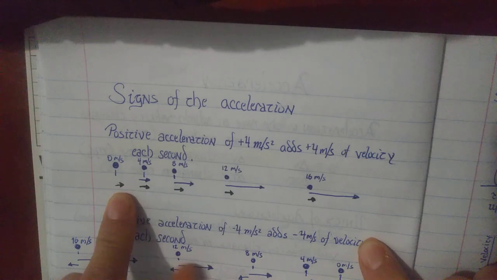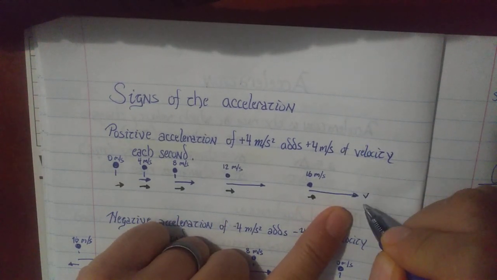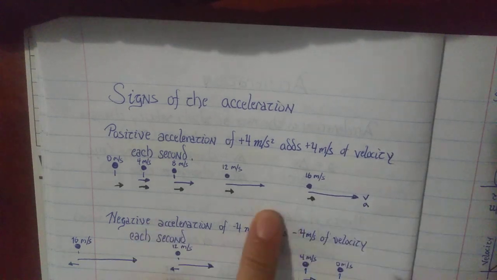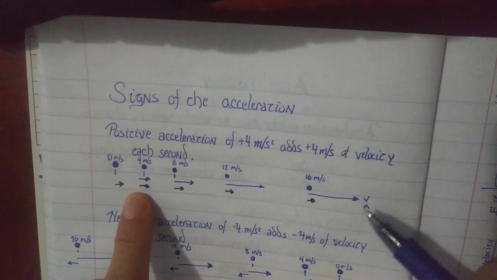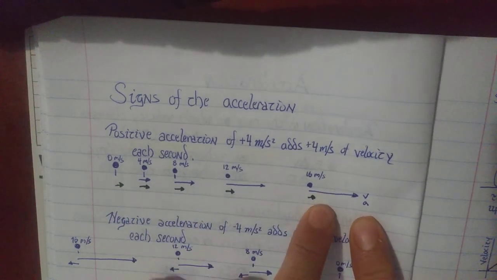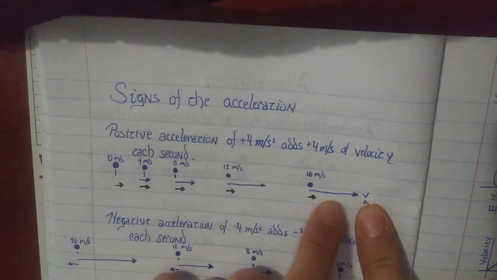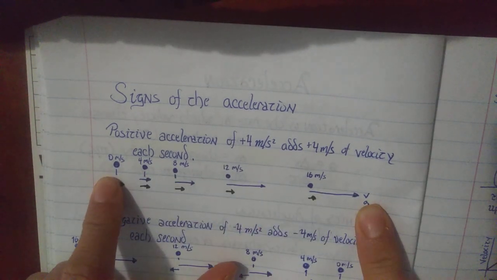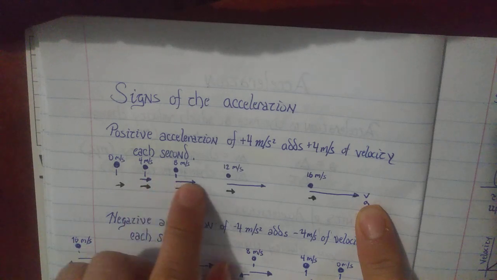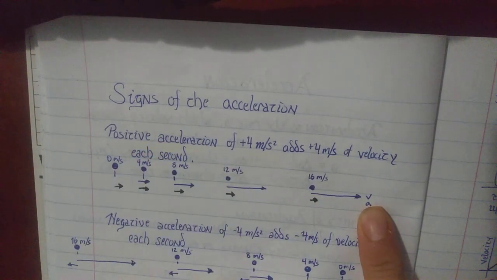Here we can see the top is velocity and the bottom is acceleration. So we have these arrows. We see a constant acceleration. It's the same arrow every second that goes by, but the velocity we see increasing. So this ball that's moving along is increasing in speed because it has a positive acceleration.